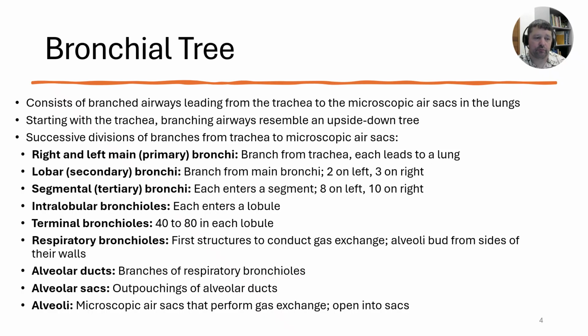And then you have some sacs that are associated with that. And then the alveoli itself is the individual air sac, that most of the time has a single layer of epithelial cells, which will allow for oxygen and carbon dioxide to transfer across the material.